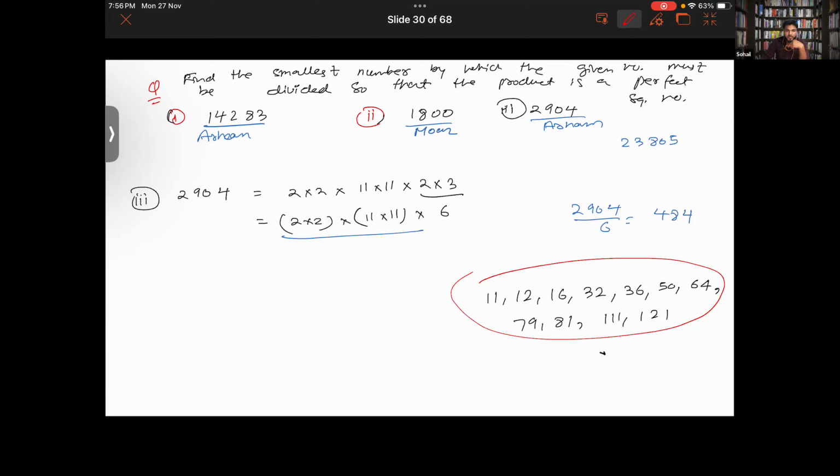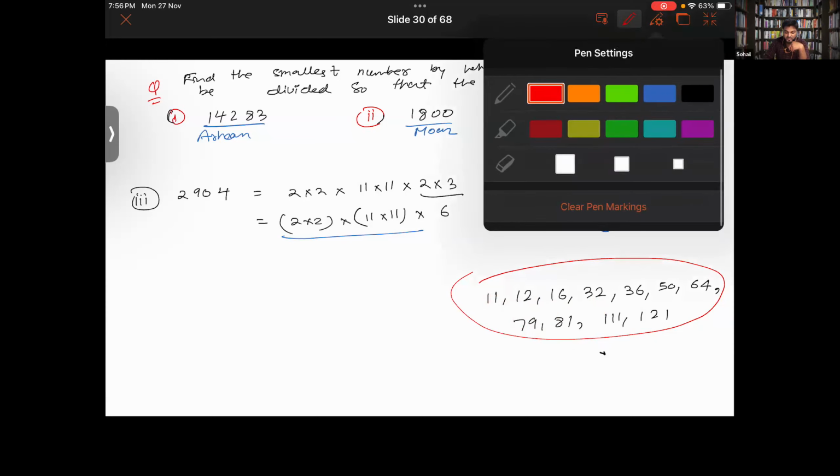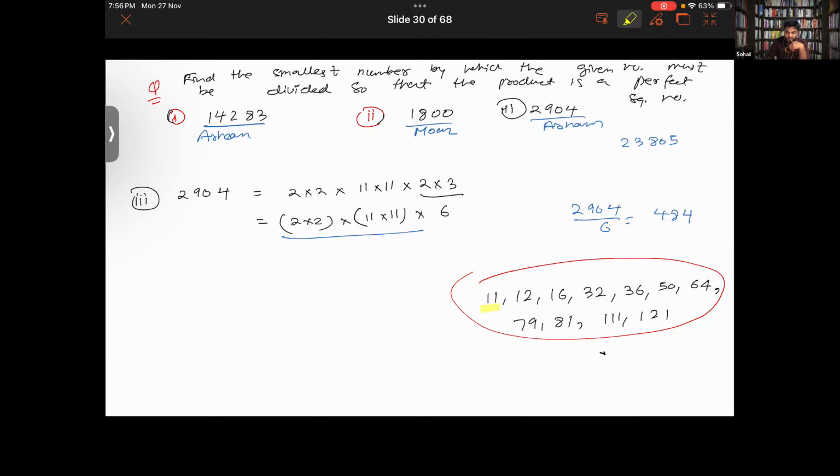111. Good. Also, if you mention the numbers given in the bracket first, we get to see that some of the numbers which are not perfect squares are also prime numbers, right? Yes, sir. 11. Then you have 79. 32 is not a prime number.